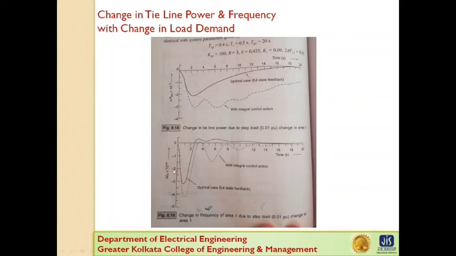And this is the figure of change in frequency with a step load of 0.01 per unit for area 1. This curve shows the optimal case, full state feedback, and this curve shows the integral control action.